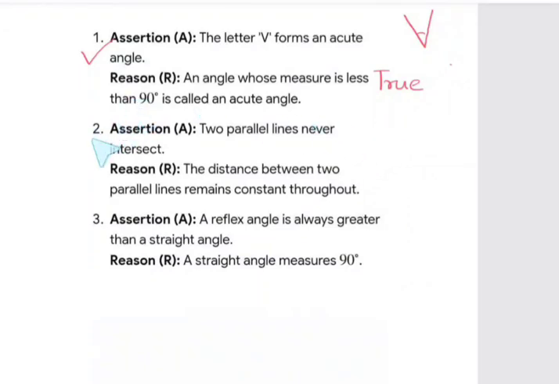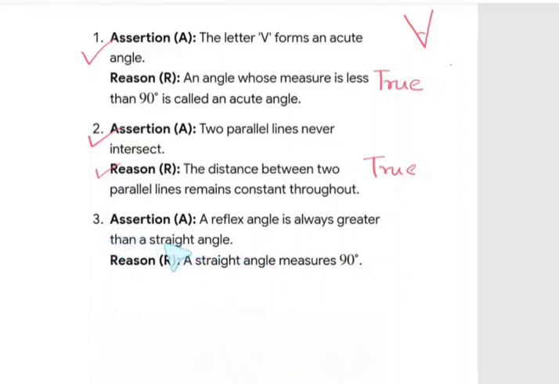The reason is also correct, since the perpendicular distance between them is constant at every point. So both are true and the reason is the correct explanation for the assertion.